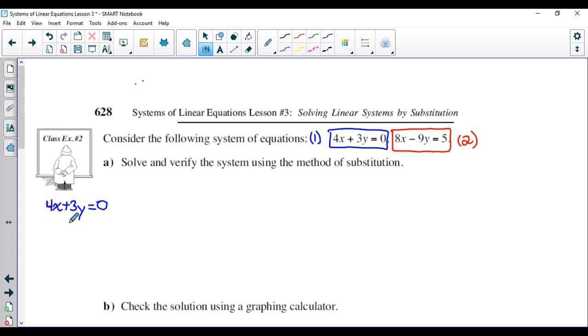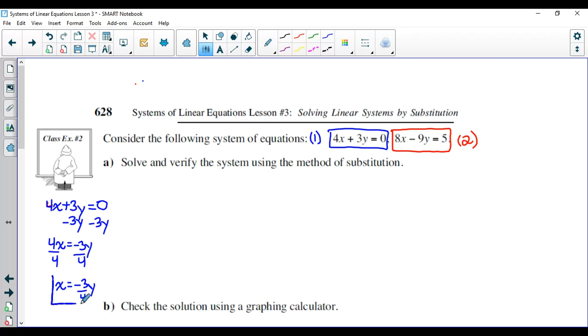Subtract 3y from both sides, and then you'd have 4x is equal to negative 3y. Divide by 4 on both sides, and then I'd have x is equal to negative 3 over 4 y.